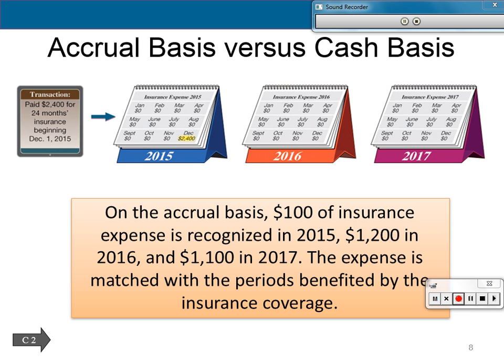Then we go into 2017 and we recognize $1,100 because that was all that was left from the $2,400 policy. So are there particular businesses that use the cash basis as opposed to accrual because of the way they need to? Yes. So conceptualize it. What business do you honestly think would benefit more from a cash basis accounting method versus accrual? Think about it.